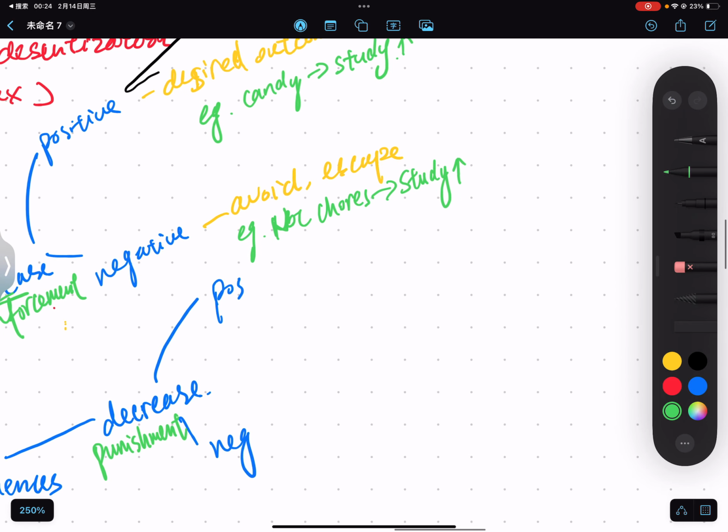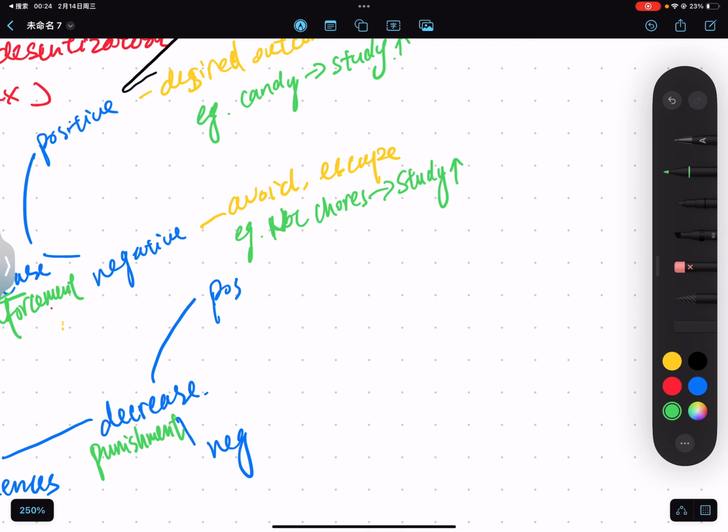And finally, I will talk about positive punishment. Positive punishment refers to adding an aversive consequence to a situation to reduce the frequency of a behavior. For example, the rat presses a bar and then gets an electric shock, so the behavior decreases.